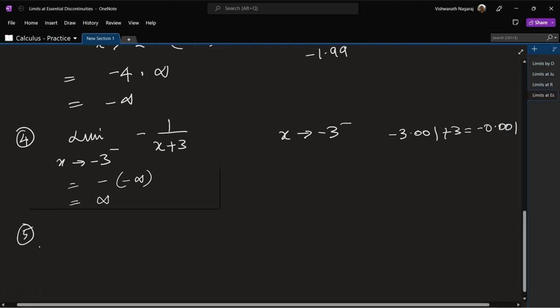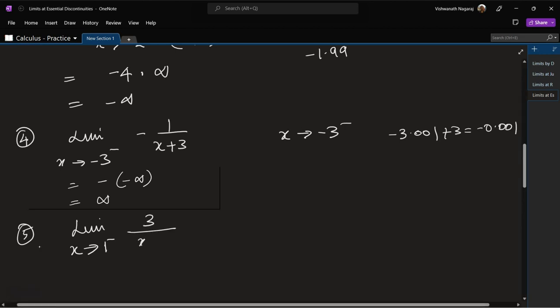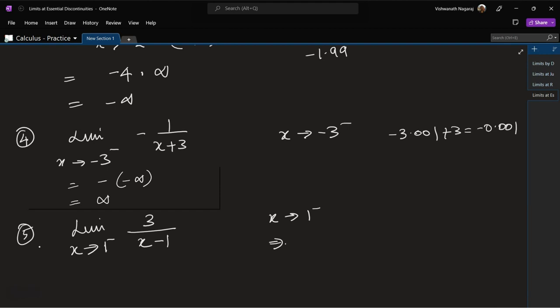Okay. Fifth one, limit as x approaches 1 from the negative side of 3 by x minus 1. So x approaches 1 from the negative side implies that it is going to be 0.999 minus 1.